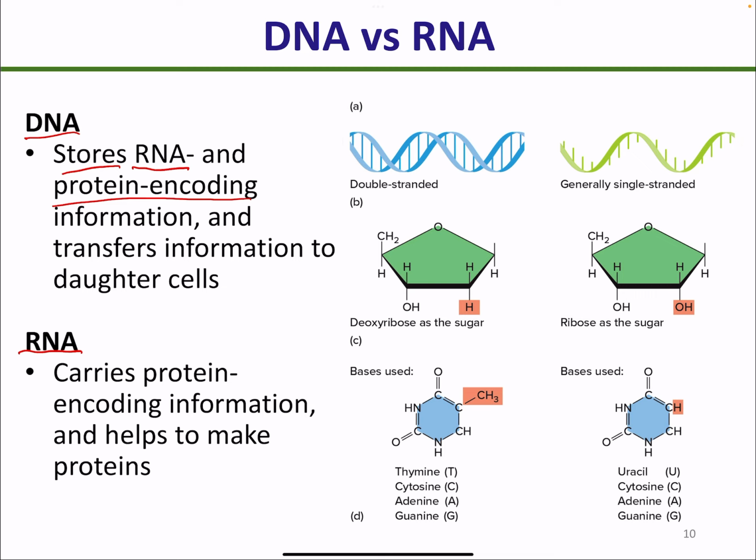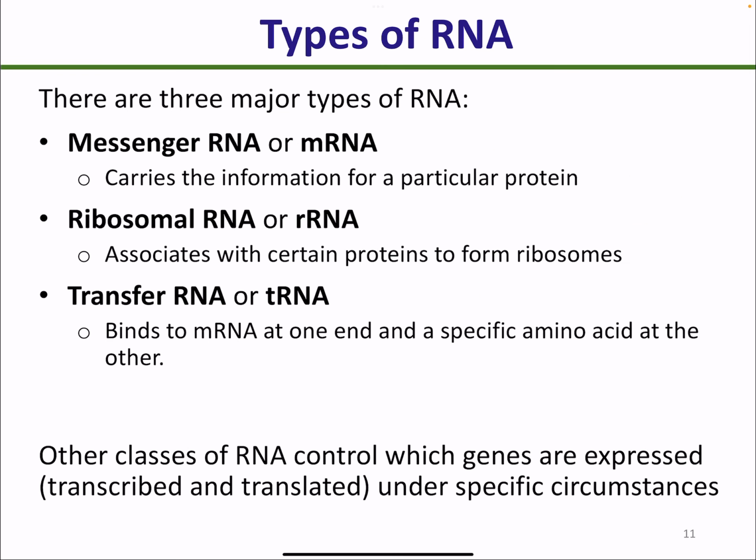Very important to remember, okay? Double-stranded molecule here, single-stranded molecule here, the deoxyribose, ribose, right? The nitrogenous bases, thymine, cytosine, adenine, guanine for DNA, uracil, cytosine, adenine, guanine for RNA. Please remember that.